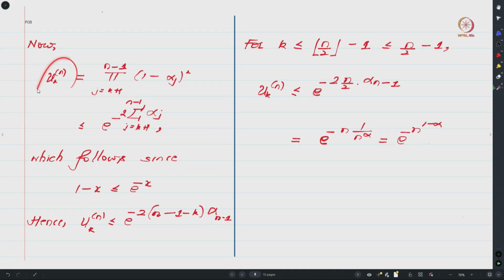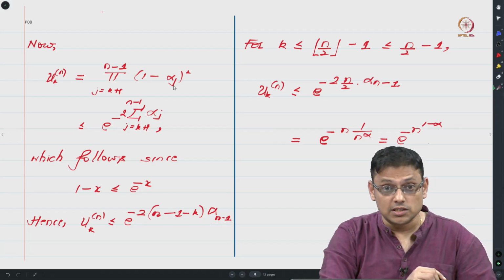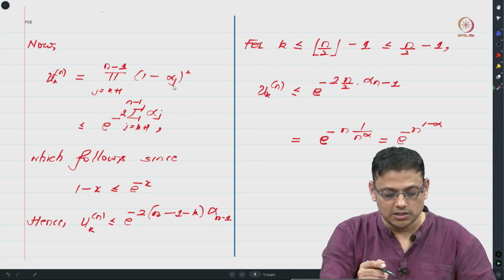So first let us obtain an upper bound on ukn. Now ukn, recall, is the product of terms of the form 1 minus alpha j square, where j goes from k plus 1 to n minus 1, and 1 minus alpha j square is upper bounded by e raised to minus 2 alpha j. Why is that?